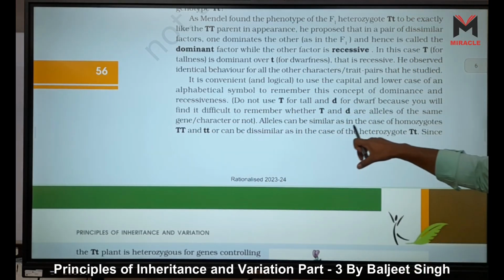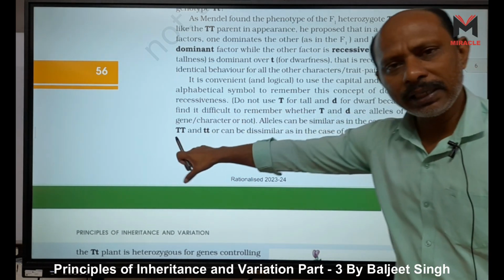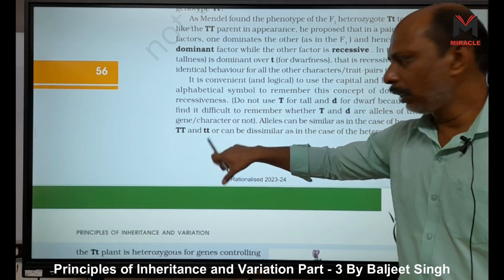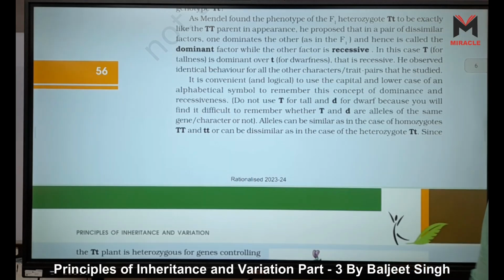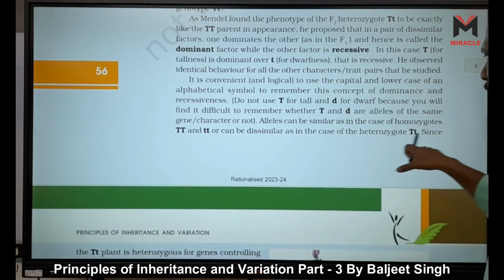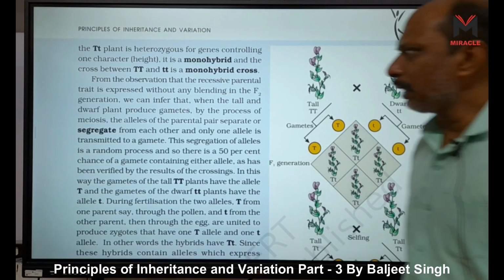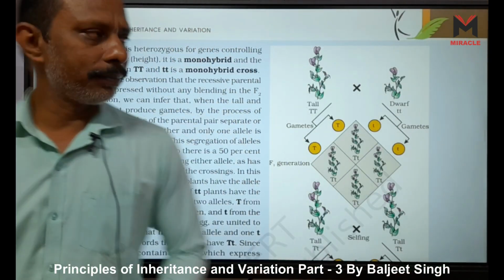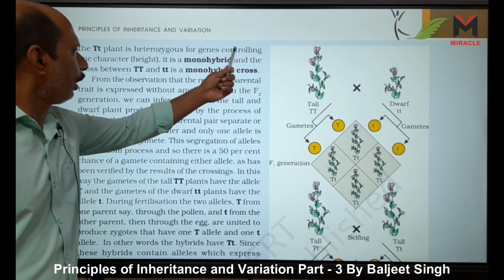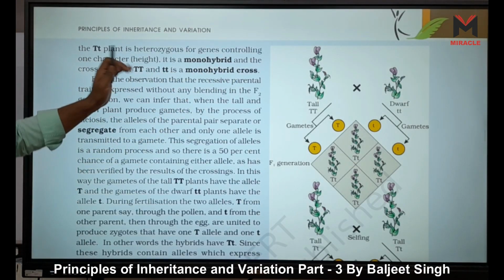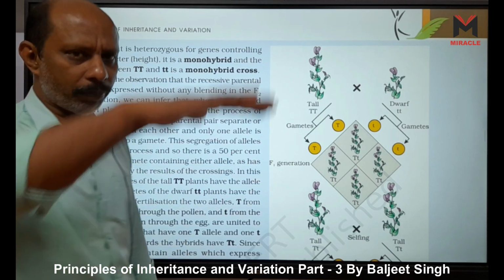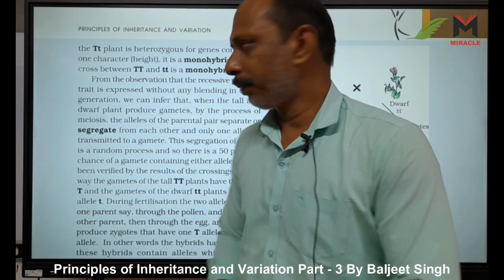Alleles can be similar, as in the case of a homozygote, capital T capital T or small t small t, or can be dissimilar, as in the case of a heterozygote. Heterozygote means what? Capital T, small t. Since the capital T, small t plant is heterozygous for the gene controlling one character, that one character is the height of the plant, the length of the plant, right?